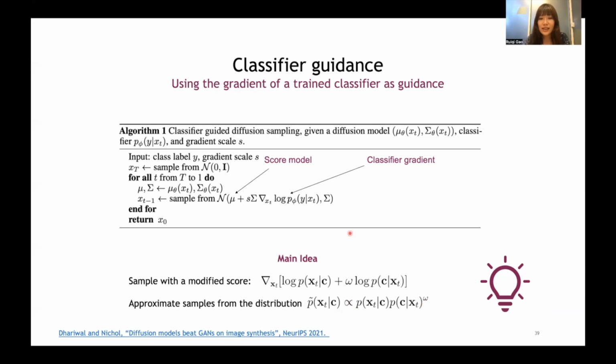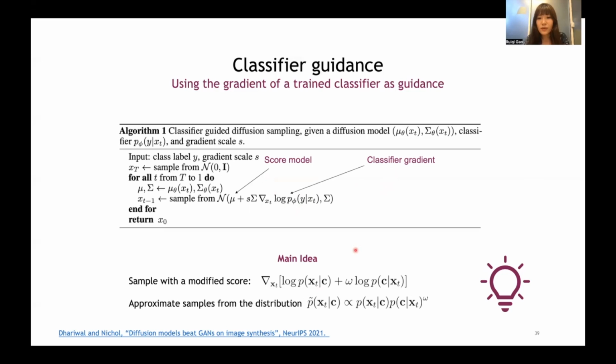And in practice, we modify the normal distribution we sample from, and the mean of this normal distribution corresponds to the mean predicted by the score model, or predicted by the diffusion model, plus the gradient from the classifier.